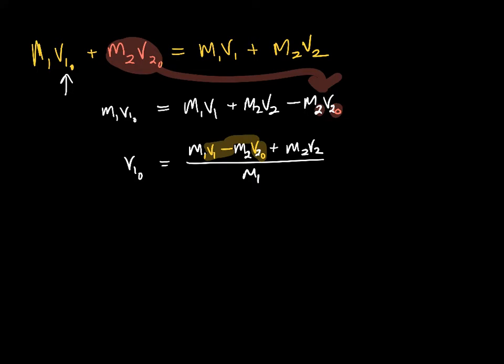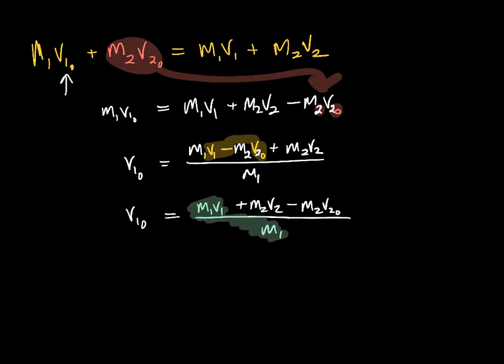So V1 initial will equal M1 V1 plus M2 V2 minus M2 V2 naught over M1. So if you look right here, this part of the fraction is just going to drop out to be a speed 1.